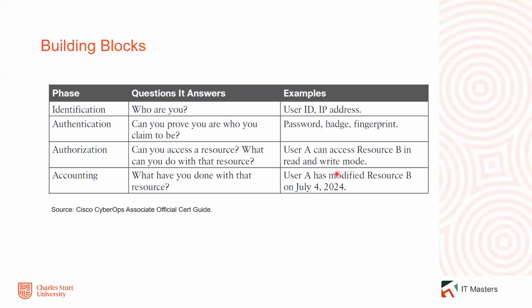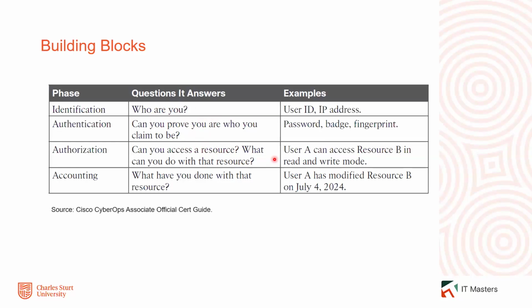Authorization, once identification and authentication are done, then we can move to authorization, where the access control model will interrogate the policy base that we configure it with to determine what resources or objects this particular user who is now authenticated can access, and what they can actually do to that particular resource.